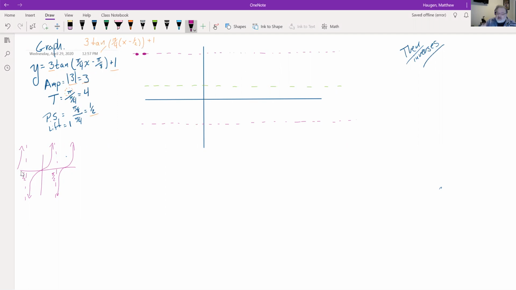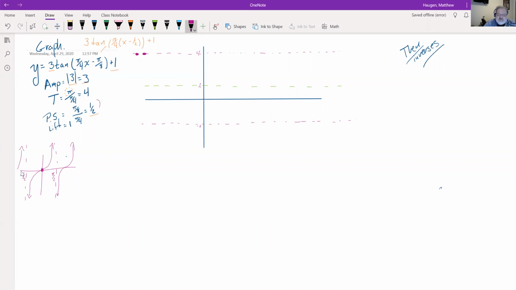Now, normally, tangent has that sweep centered at the origin. That sweep is going to move up because of the lift to that y value of 2. No, sorry, that y value of 1. That's why we label things. So 4, that's a negative 2. So it's going to shift up to that y value of 1.